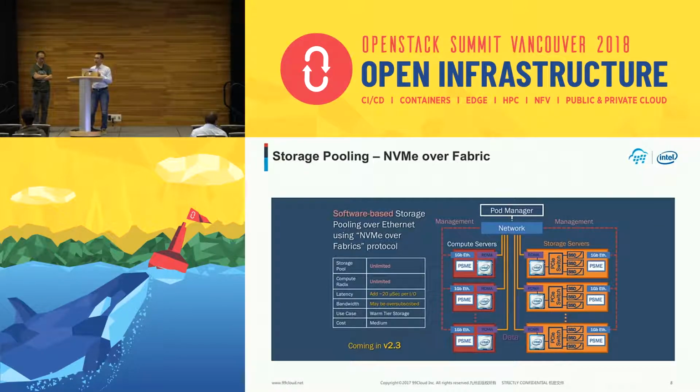You use the software to simulate the RDMA implementation. So when you attach, actually you are leveraging the software to do it. So this has a worse performance than if you use the hardware-based storage pooling over Ethernet.